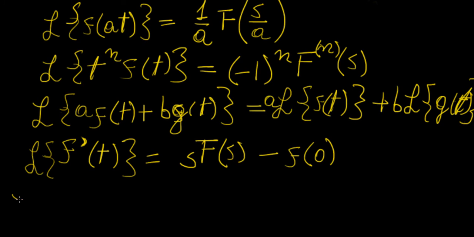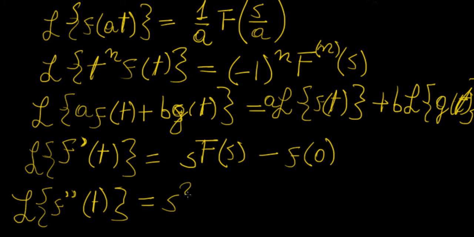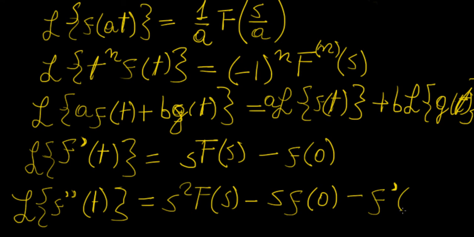It's going to be a little bit similar, but extended by one term. The Laplace transform of f double prime is equal to s squared F of s minus s times f of 0 minus f prime of 0. You can try to derive those yourself. There's a whole derivation behind it, and I won't go into detail, because what we care about is knowing that this is the Laplace transform of a first derivative, and this is the Laplace transform of a second derivative.